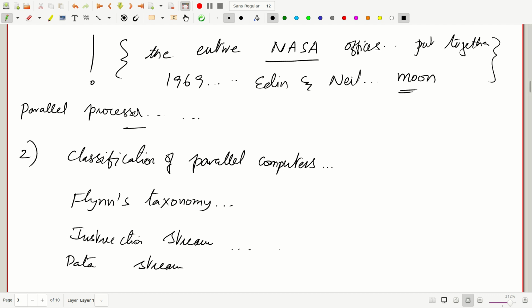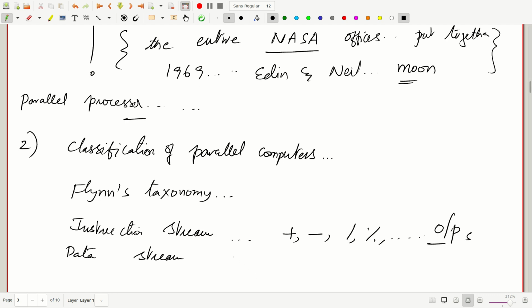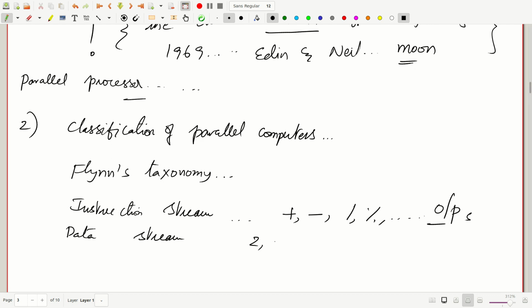What we mean by instruction stream is basically the set of instructions that we have to give. For example, you have to add something, subtract something from something else, multiply, divide, and do a lot more operations. So this basically is the instructions or the operations. And the data stream is the data that you have. You have 2, 25, 50, 18, and so on, right? So you have some data. So that is your data stream.